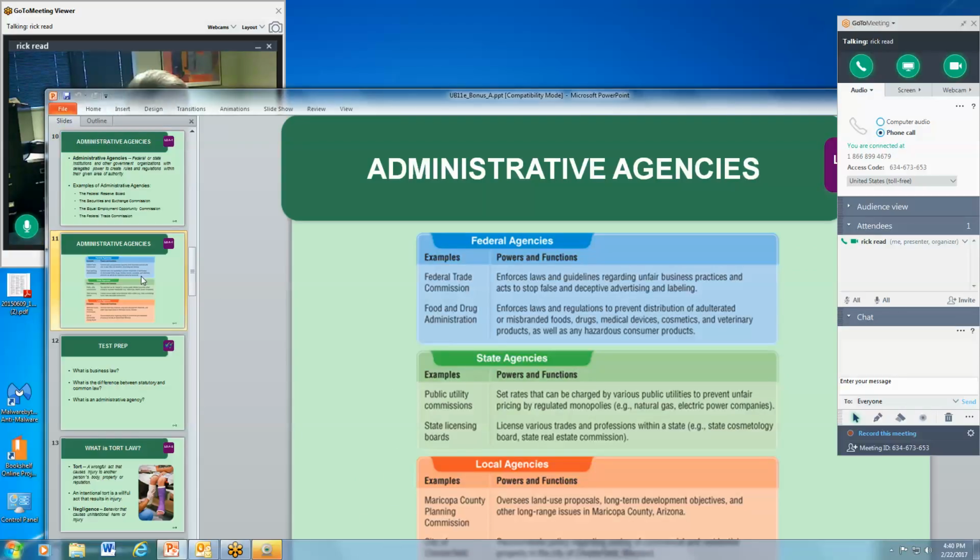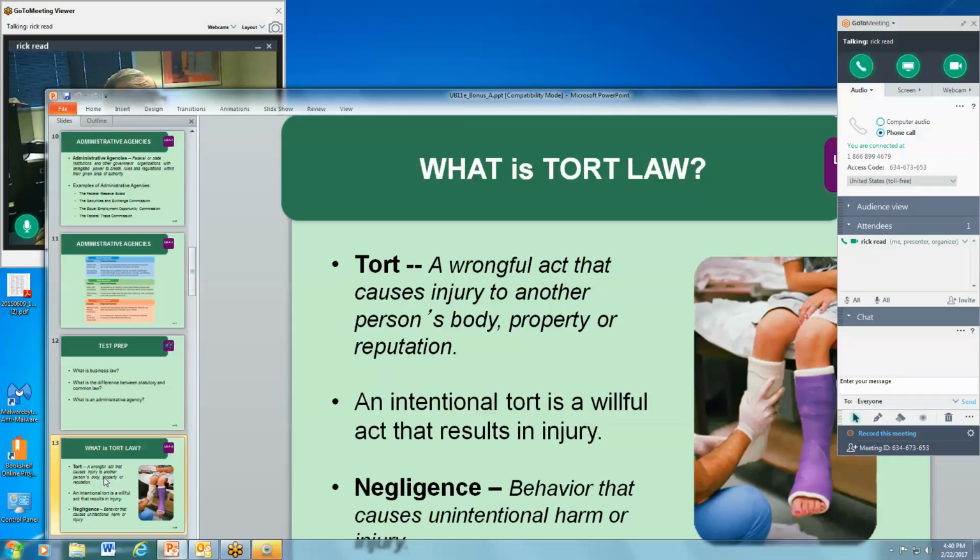And this particular slide that I have up here, you can see in your text on page A4, it is figure A1, and it gives you federal agencies, state agencies, and local agencies. It gives an example of what they are, and then what types of powers and functions they have.